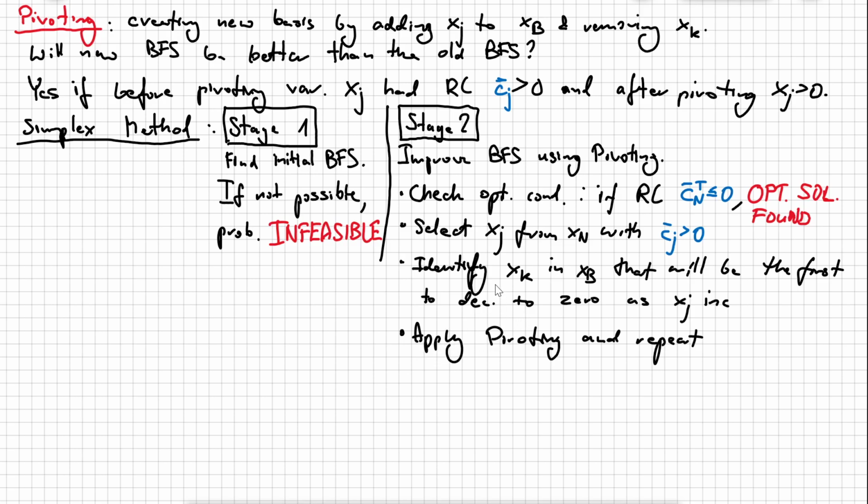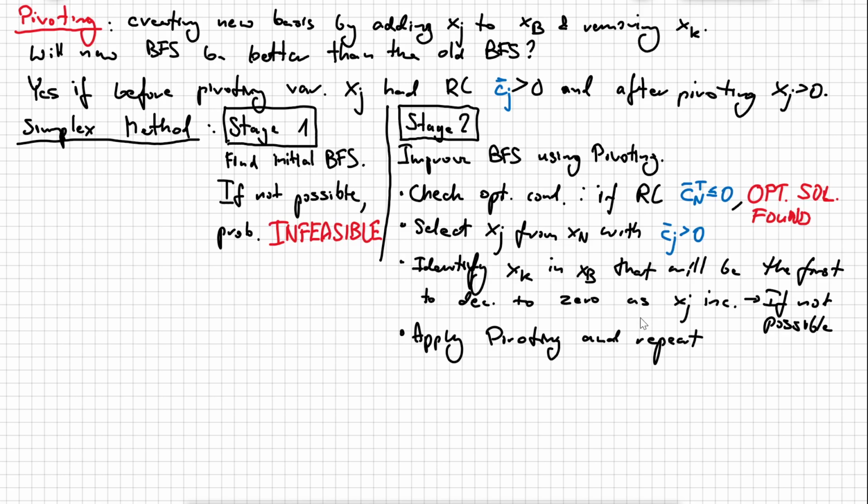What is also interesting is when we identify xk in xb that will be the first to decrease to 0, what if this is not possible? What do I mean by this? If you look at all the basic variables, and none of them decreases when xj is increased, so some xb stay constant and some variables in xb increase, then xj can be increased to infinity and we will still have a feasible solution.